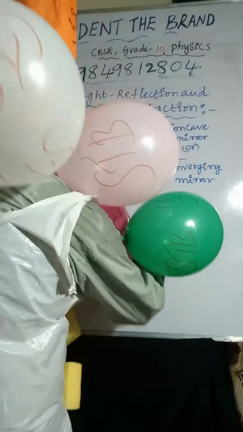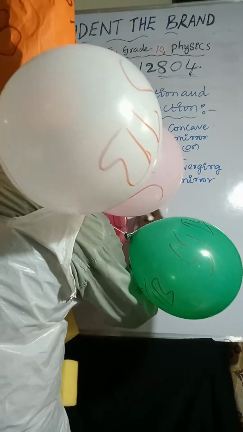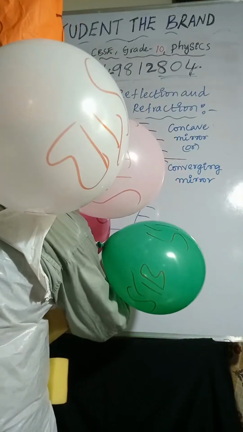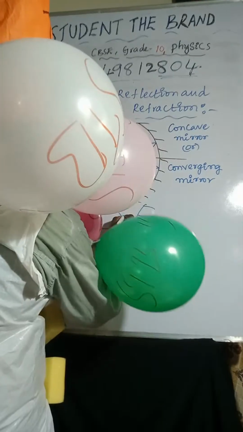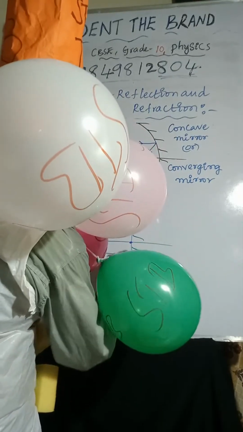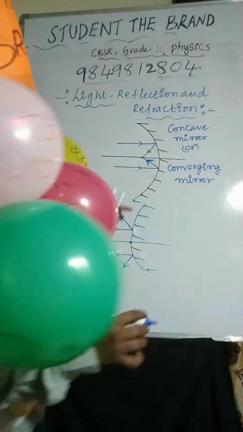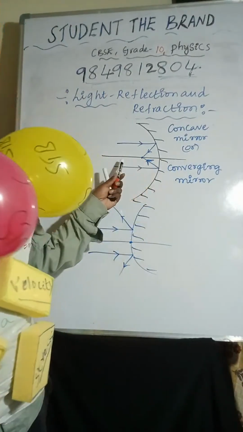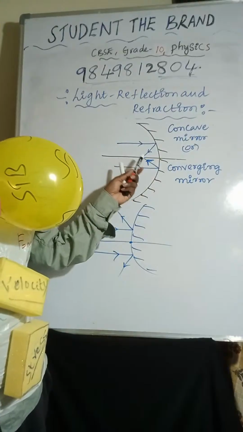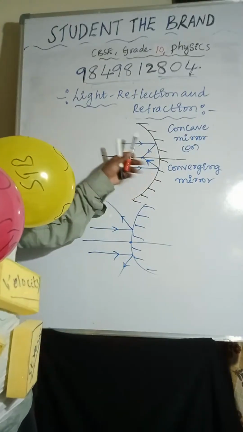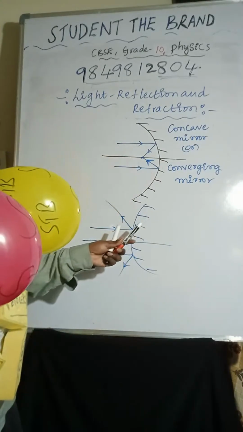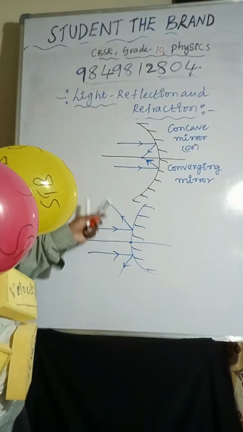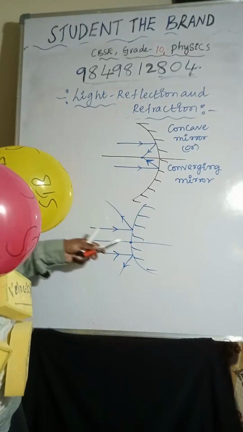So coming to the convex mirror. Here you can observe, in the concave mirror, after reflection, light rays are moving towards the principal axis, so converging. Here, after reflection, light rays are moving away from the principal axis.